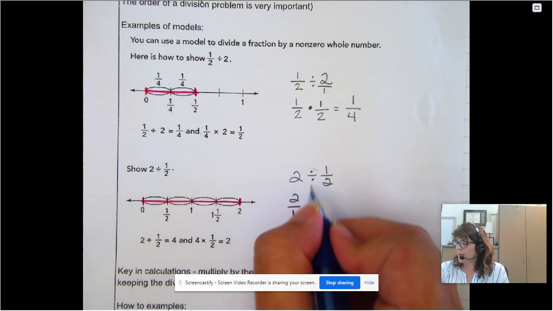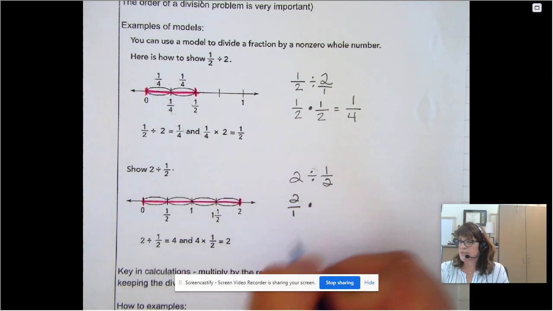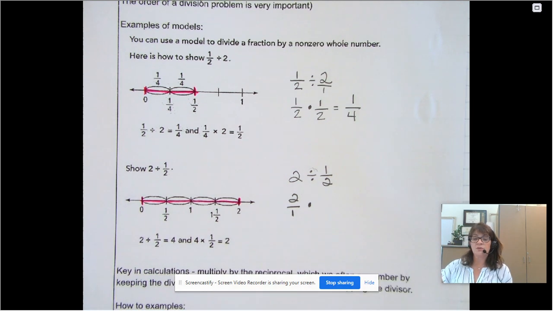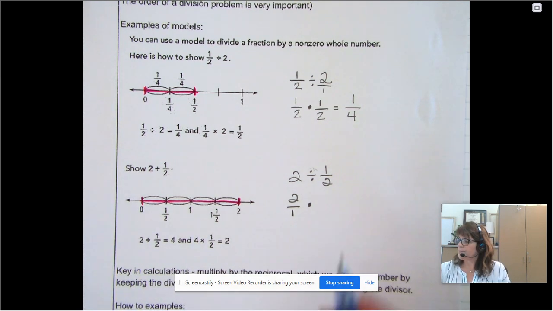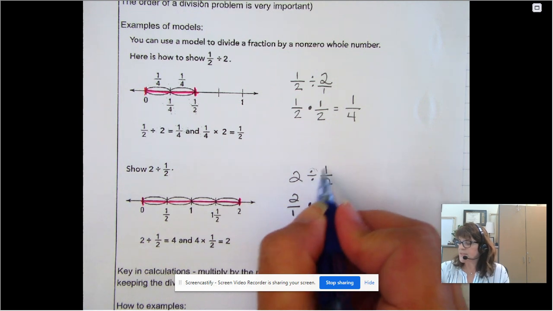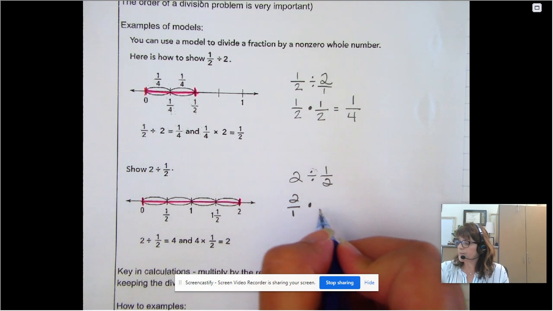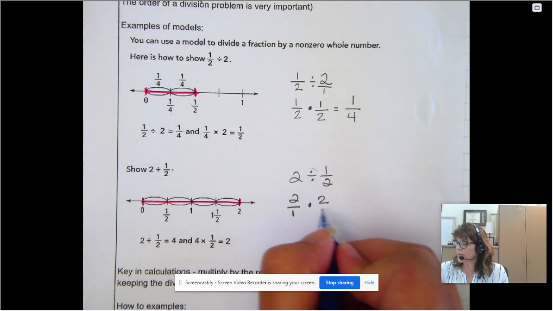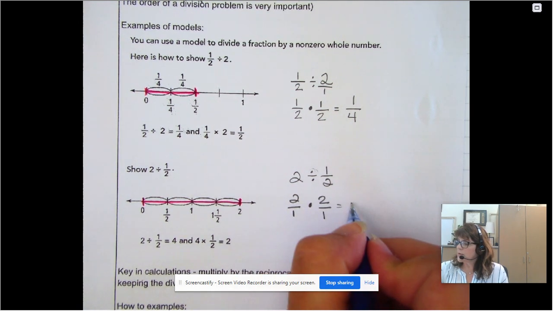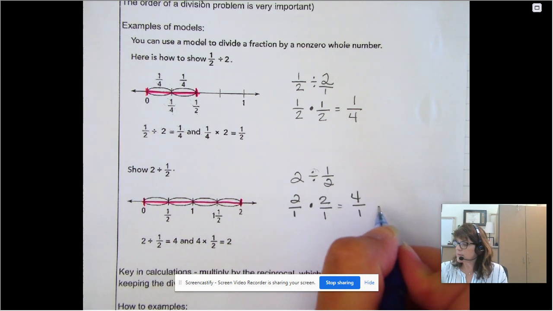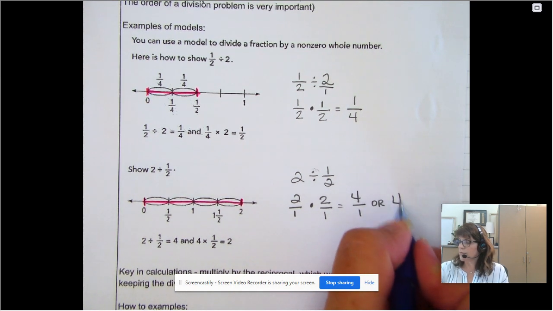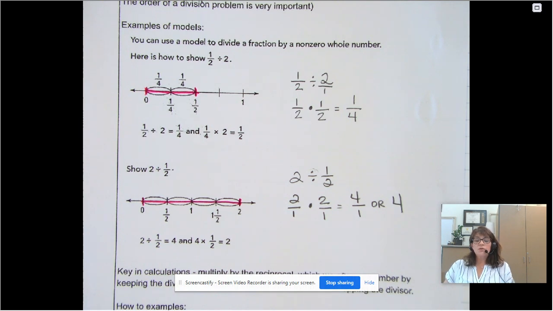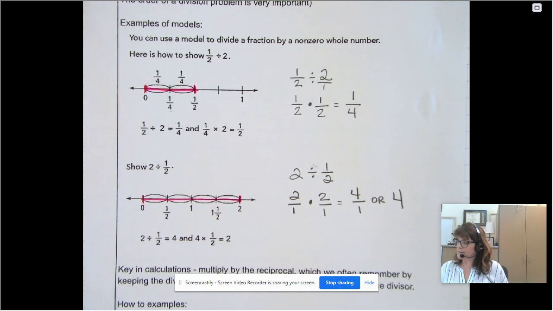I'm going to change my operation to multiplication instead of division because I'm basically using an inverse operation. And now I'm going to flip this around, use the reciprocal. So instead of dividing, I'm multiplying by the reciprocal. 4 over 1, or 4. So the truth is, we're using multiplication of fractions again. Now we're just doing it inside of division.